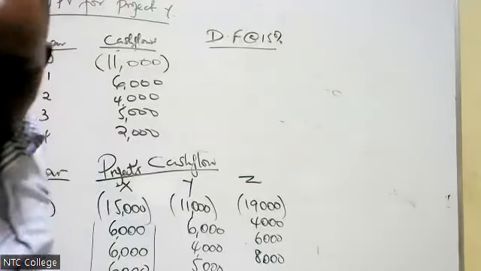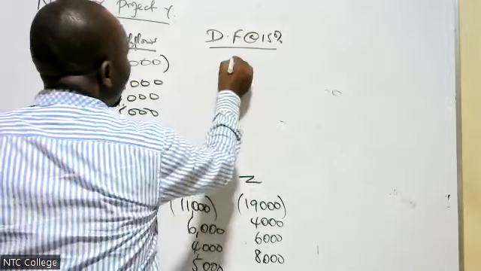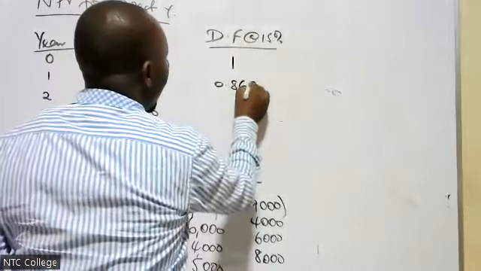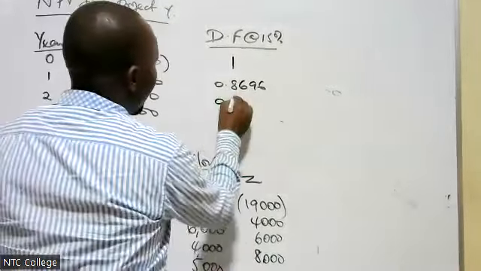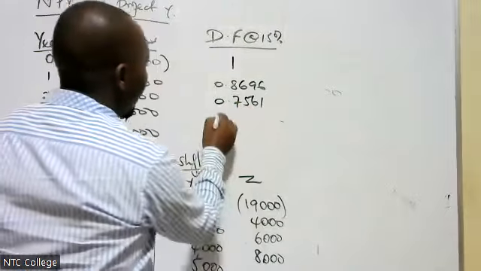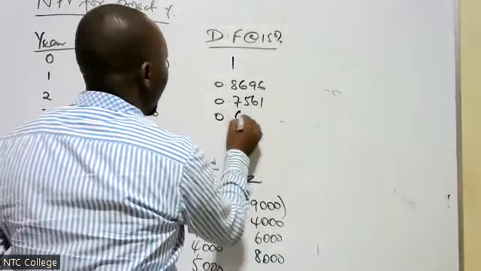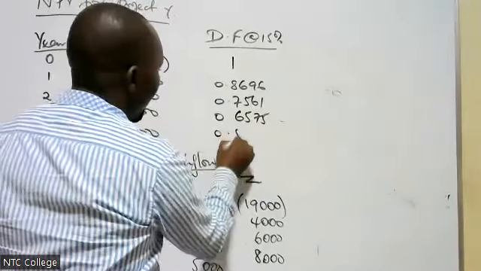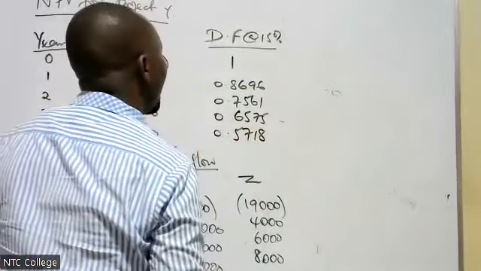So you have there 0.8696, 0.7561, 0.6575, 0.5718. Okay.